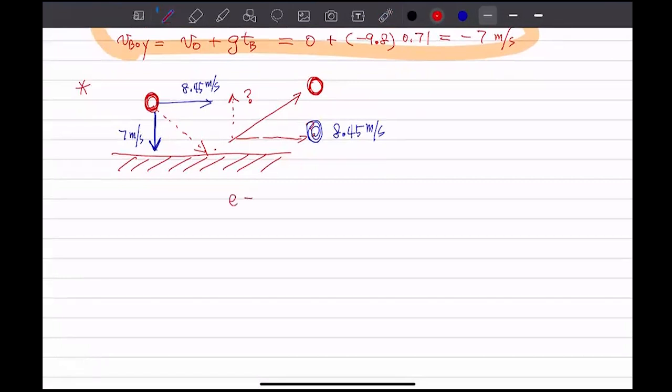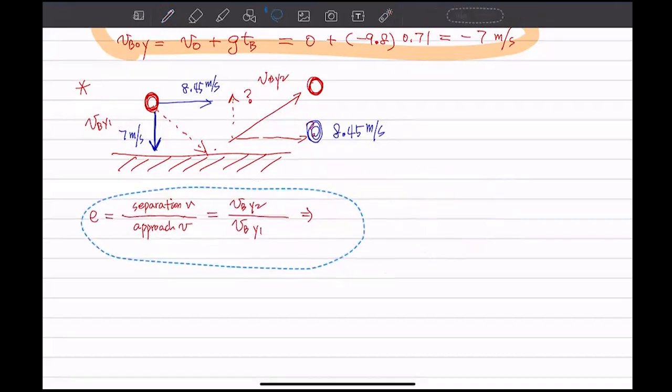So E is going to be approach velocity over separation velocity, right? And that can be seen as VBY1 and VBY2. If we call this guy VBY1 and we call this VBY2.